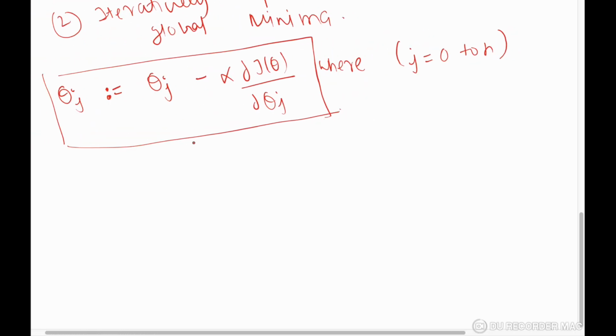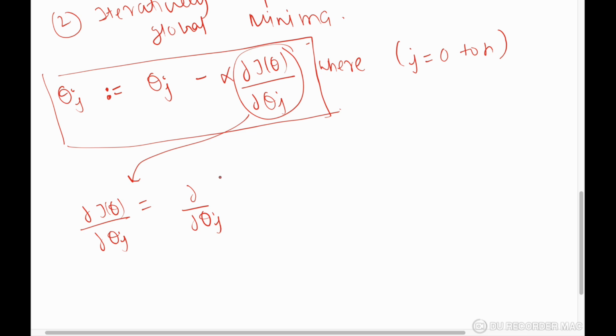Now let us define how we can solve for this partial derivative. So now let us derive this. The partial derivative of j of theta with respect to theta j would be, for just one training example, the derivative of 1/2 times h theta of x minus y, squared.